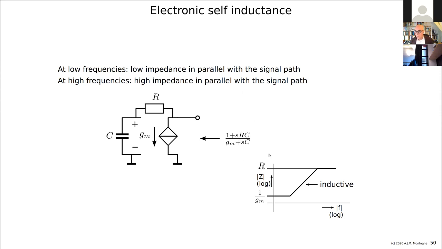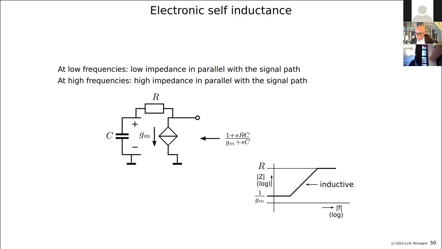And in the limit for S going to infinity, there must be R. So you put 1 plus S times something here, and 1 plus S times something there, and you can just fill in the components from GM and R, and you have to add C, because S times RC should have the correct dimension in the numerator and the denominator. So in this region, you could call this device a self-inductance.